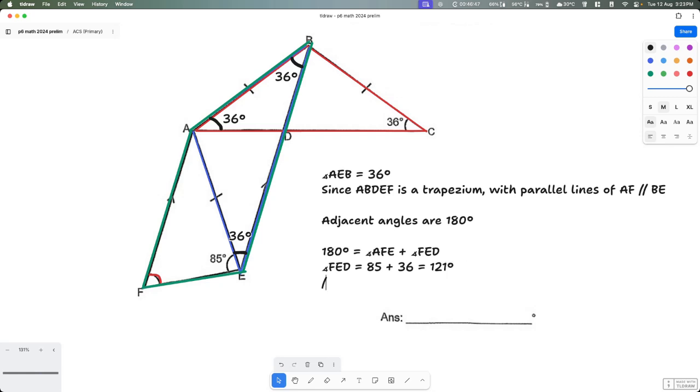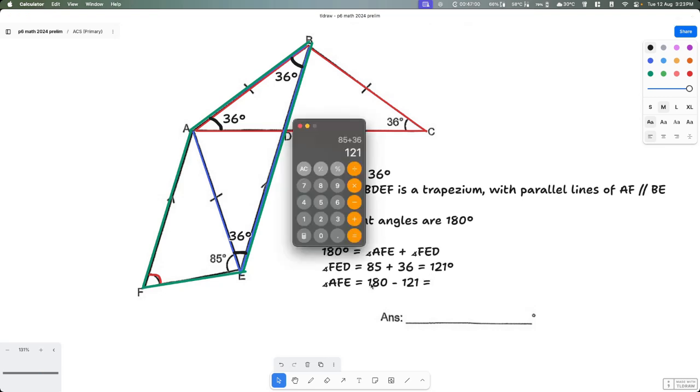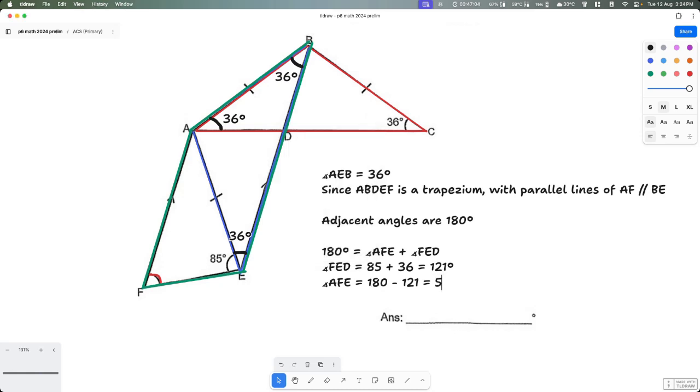So angle AFE is equal to 180 minus 121, which gives 59 degrees. There you go. So that's the answer, 59 degrees.